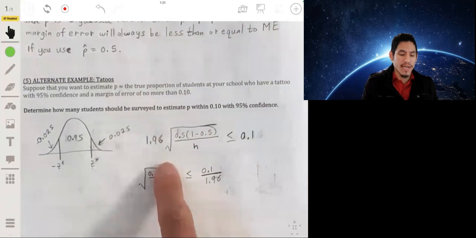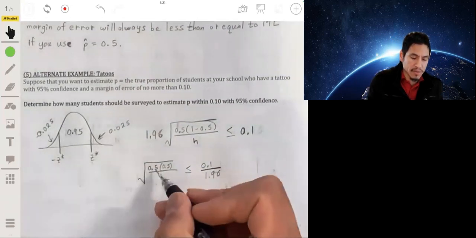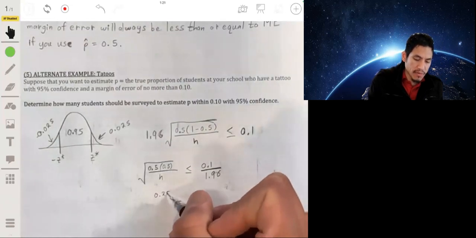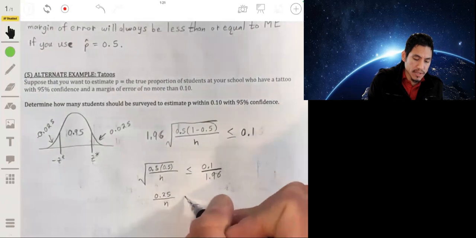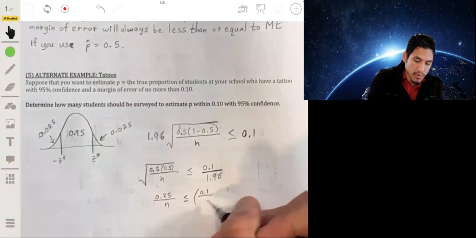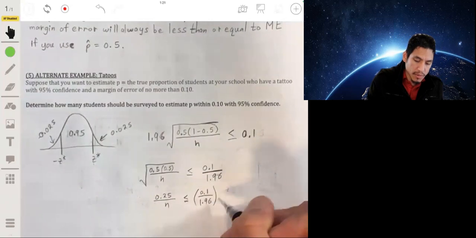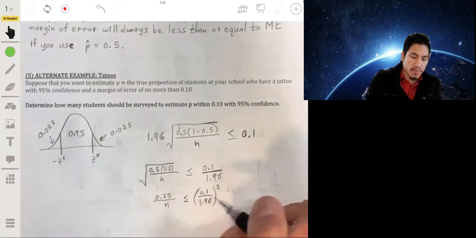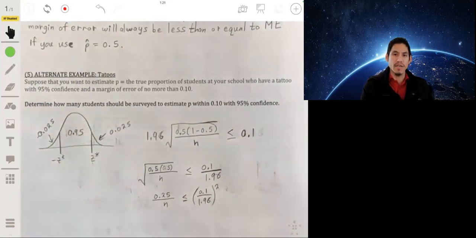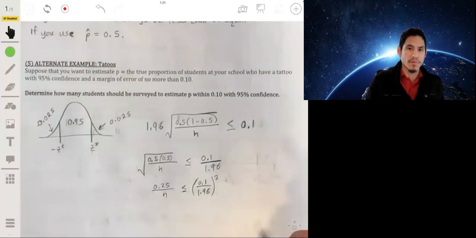We're going to square both sides because that's going to cancel out the square root. And let's just rewrite the 0.5 times 0.5 as 0.25. So we're going to get 0.25 over n is less than or equal to 0.1 over 1.96 squared. And I'm not doing this calculation yet because it's going to give me a decimal approximation, and we don't want to do that yet because we want our final answer to be as precise as possible.